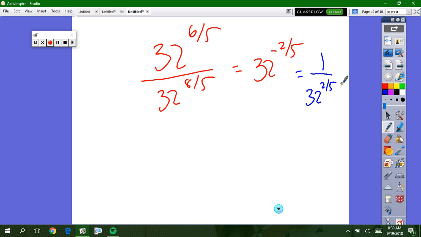Do you know what 32 to the 2/5 is? Is the 5th root a perfect one? It is, right? The 5th root of 32 is 2. And 2 to the 4th is? 2 squared is 4.